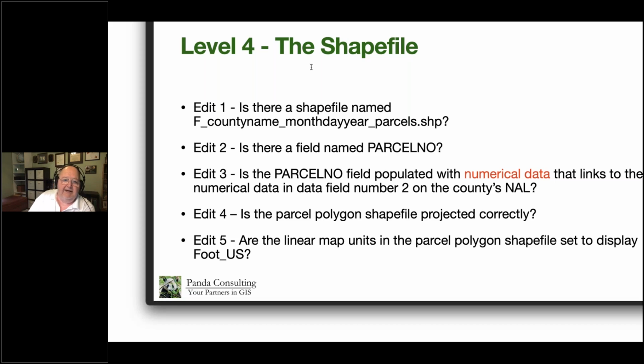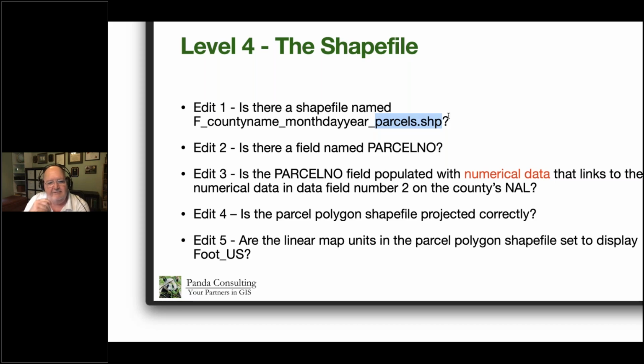And the naming convention really depends upon whether this is a test submittal or a final submittal. So the first character is either a T for a test or F for a final, and then the county name, and then the month, day, and year, and then parcels.shp. It must be named that.